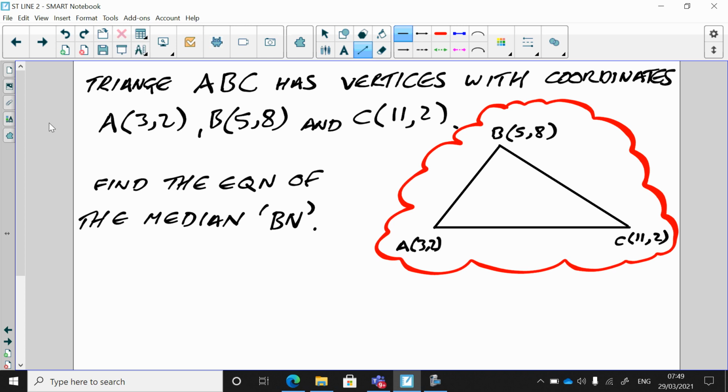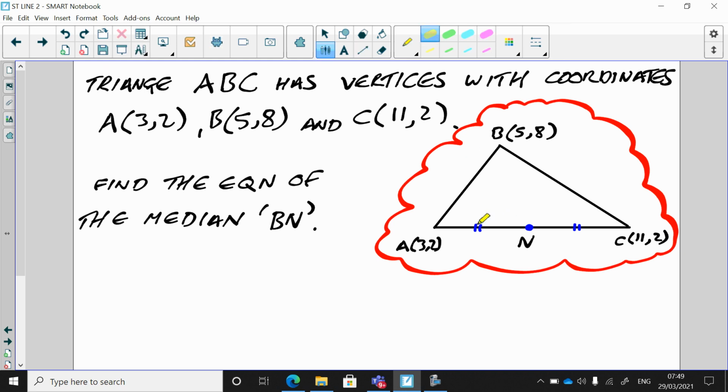So if I'm coming out from B, it means I must be hitting somewhere between A and C, right? But it's going to be the midpoint, wherever the midpoint is. So let's go and get the midpoint, and they're using the letter N here, so I've just used it.